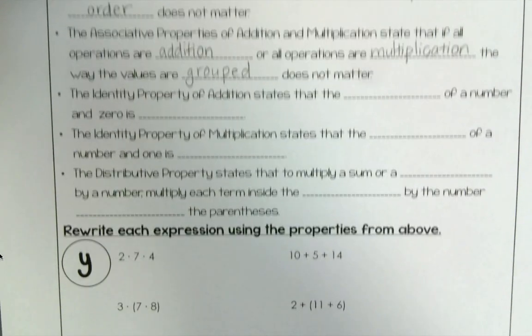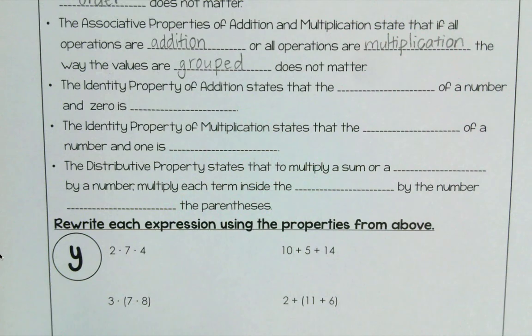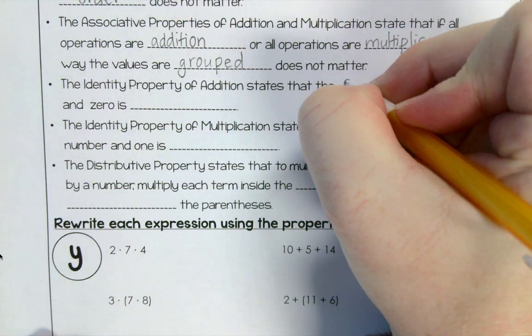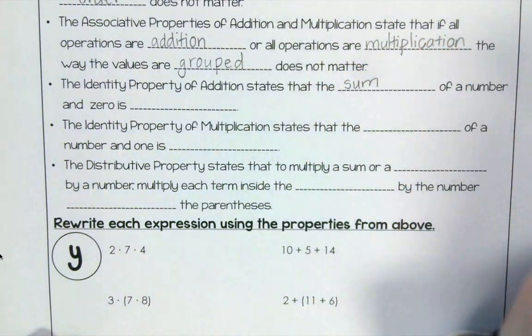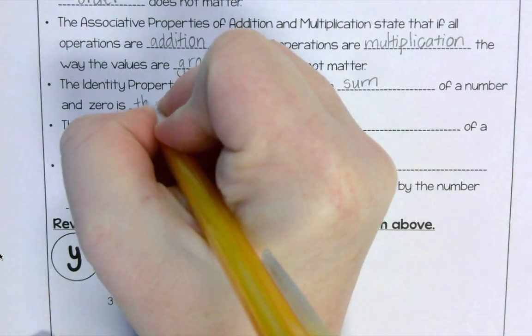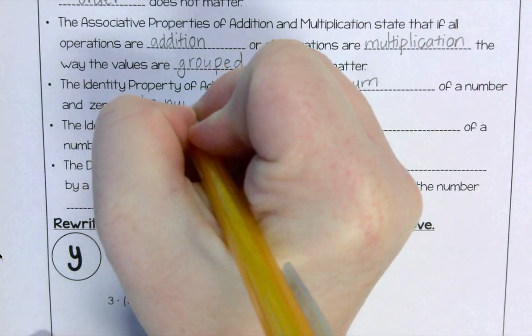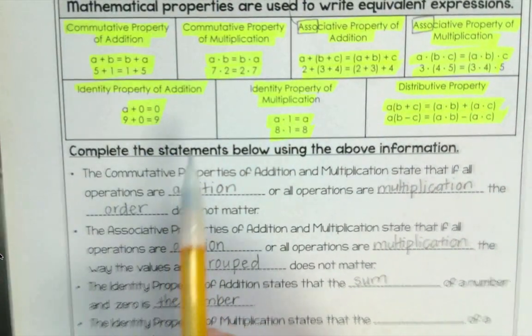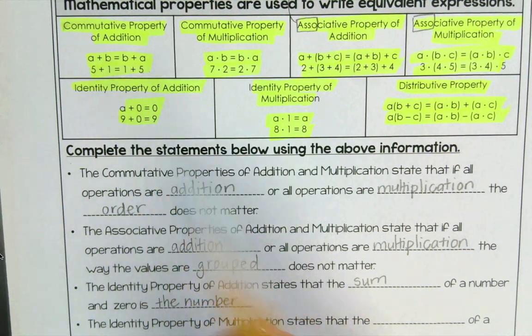So the identity property of addition states that the sum of a number and 0 is the number. Basically, anything plus 0 is itself.